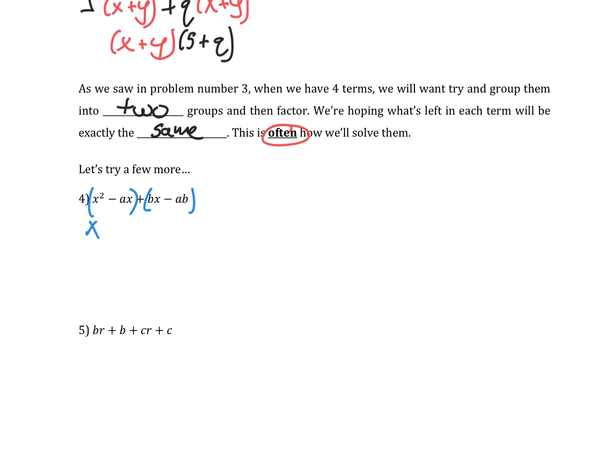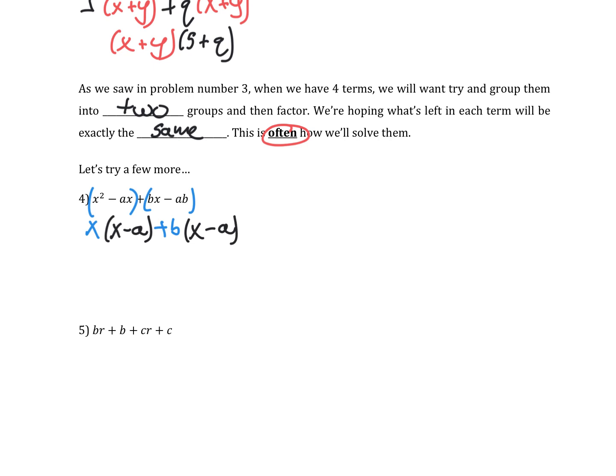And what I'm left with is x minus a. And then, what's common to bx and ab? Well, it's b. Oops, sorry, take it back, not minus b, plus b. And what I'm left with is x minus a.